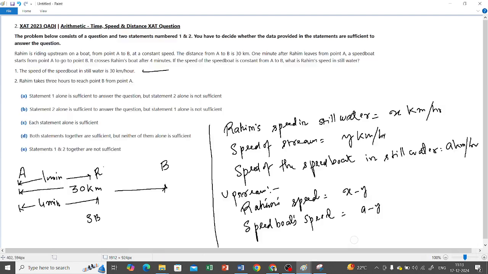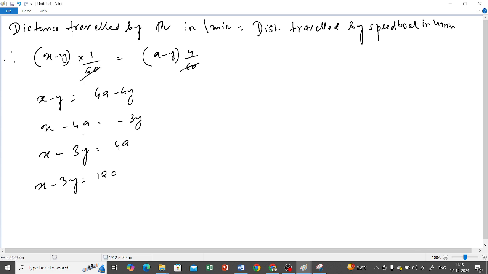Now let's see statement 2. Rahim takes 3 hours to reach point B from A. So as per statement number 2, what is his speed? x minus y upstream. And what is the time taken? 3 hours. So 3 into (x minus y) is equal to 30 kilometers, right? So x minus y is equal to 10. So x is equal to 10 plus y.